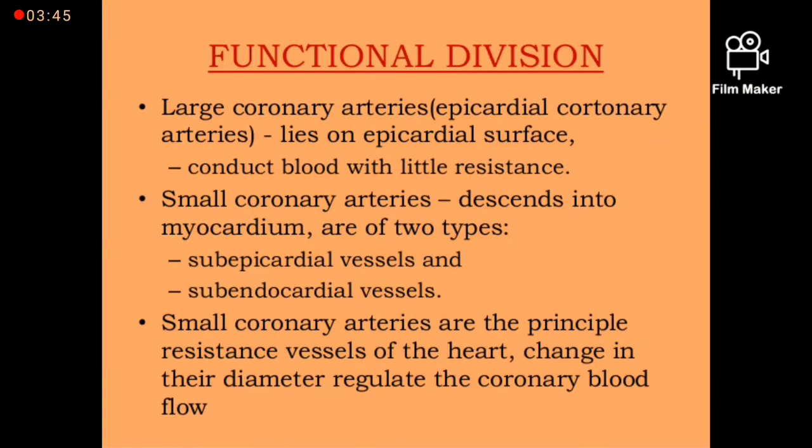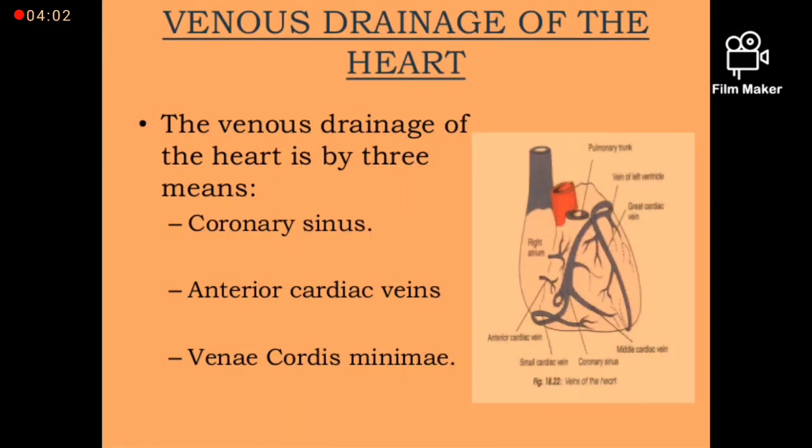The functional division: large coronary arteries, the epicardial coronary arteries, lie on the epicardial surface and conduct blood with little resistance. Small coronary arteries descend into the myocardium and are of two types: subepicardial vessels and myocardial.